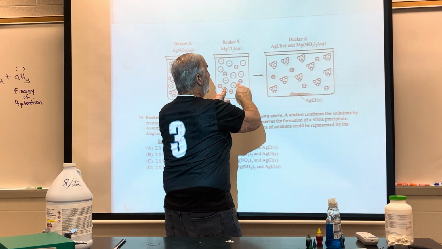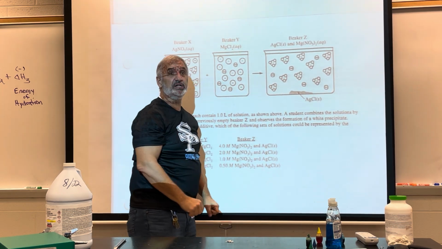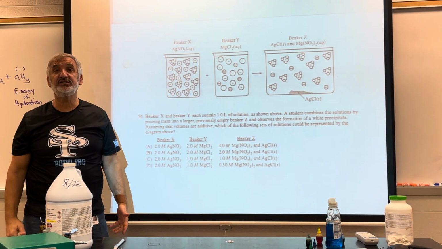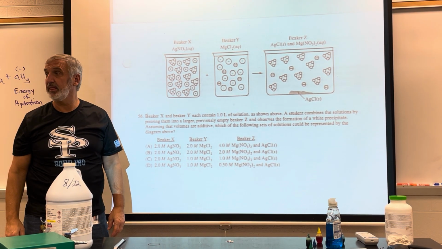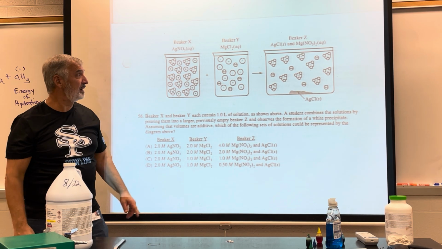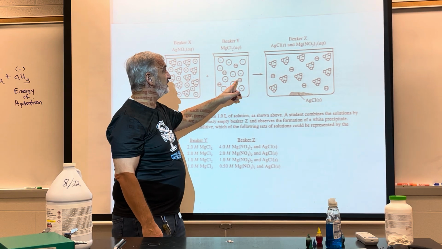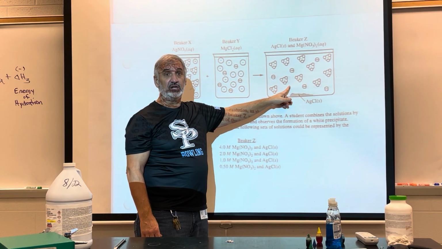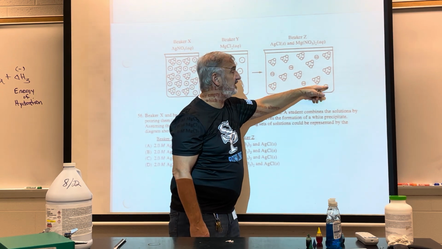But I'm going from 5 in 1 liter to 5 in 2 liters. So what's happening to my concentration of my magnesium? By how much? Half, right? I'm going from 5 in 1 liter to 5 in 2 liters. They didn't change at all. My magnesiums didn't change at all.